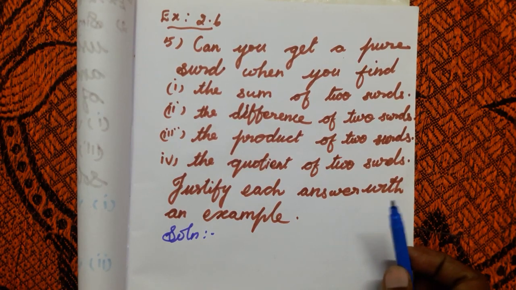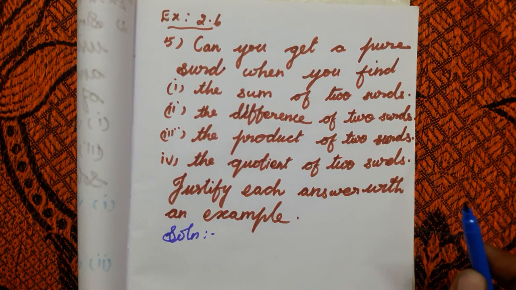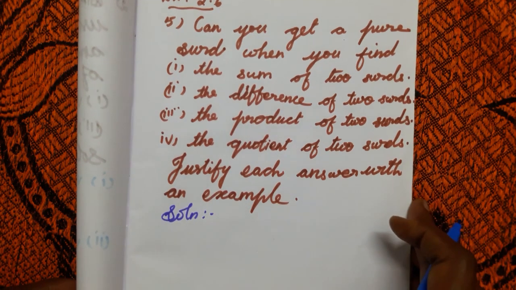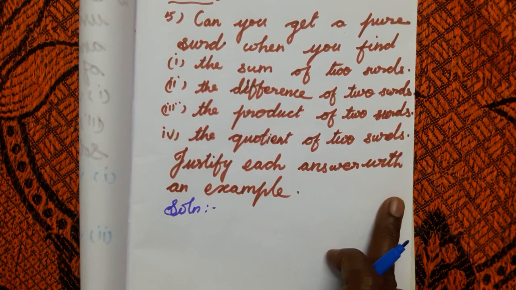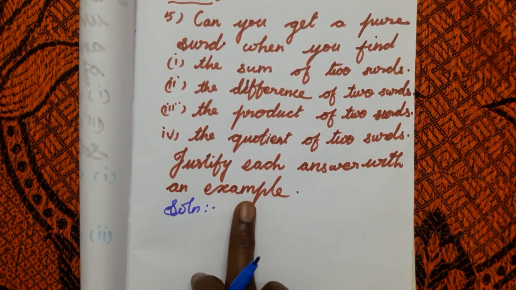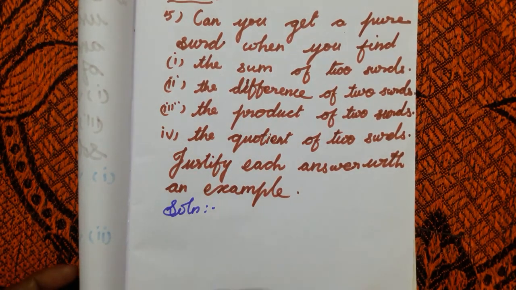The question is, can you get a pure Z when you find the sum of two Z's? When we are adding two Z's, whether we can get a pure Z? With an example, we have to explain this. We have to find the answer.